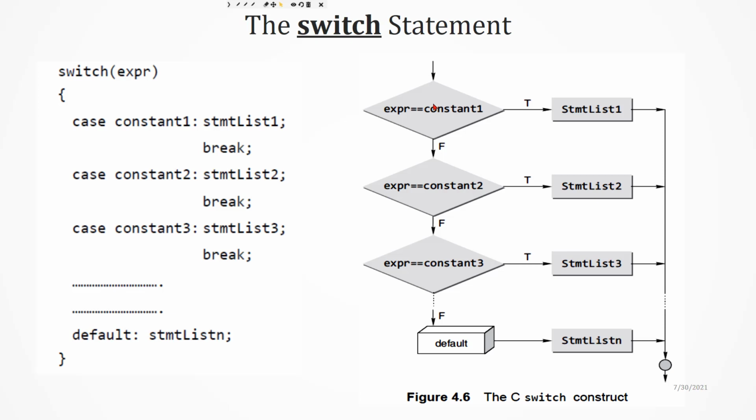If all the comparisons produce false, if the expression and constant 1 are not matched, it will try to find a match with constant 2. If that is also not matched, it will try constant 3. Imagine we didn't find any match in the conditions. Then it will execute the default block, that is, statement list n.